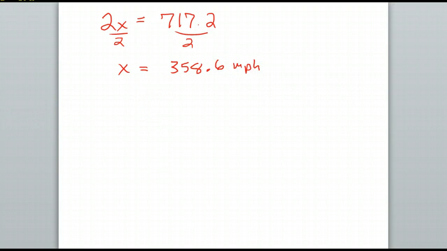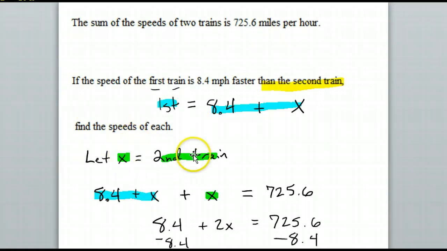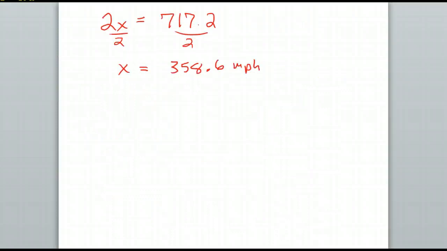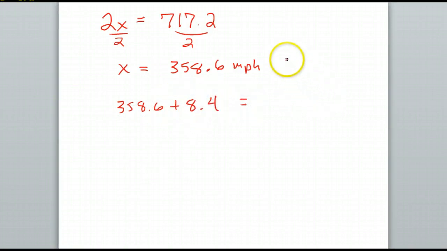That is, according to what we wrote, the second train. The first train is 8.4 miles per hour faster. So I take that number, I add 8.4, and I get the first train.